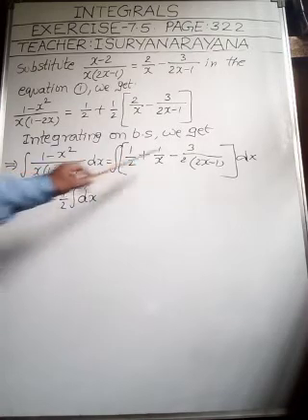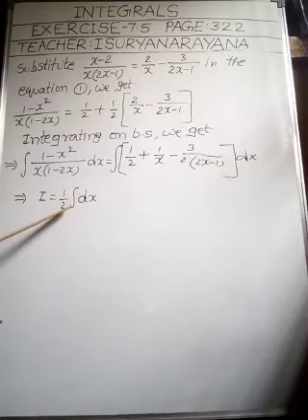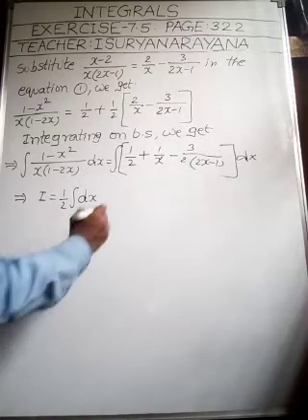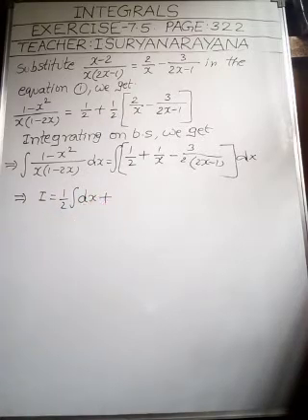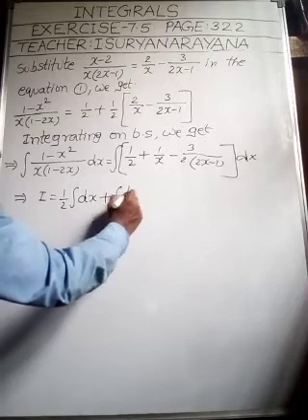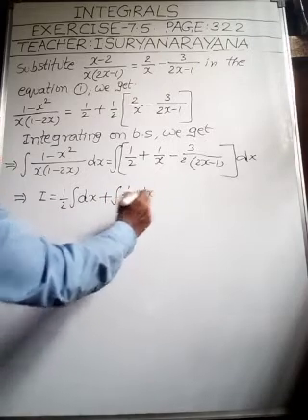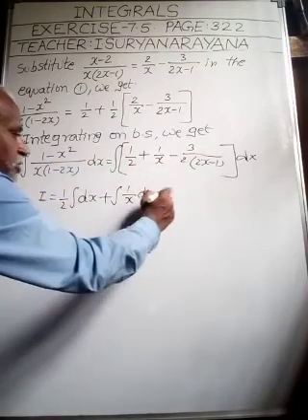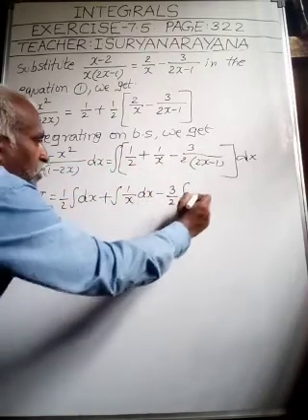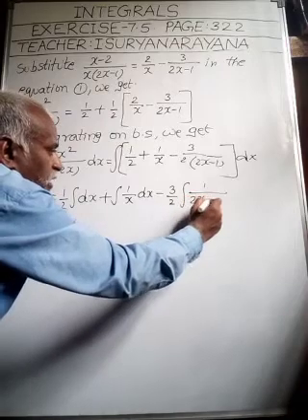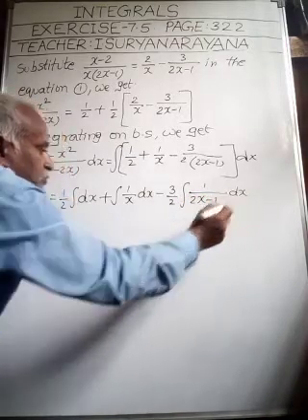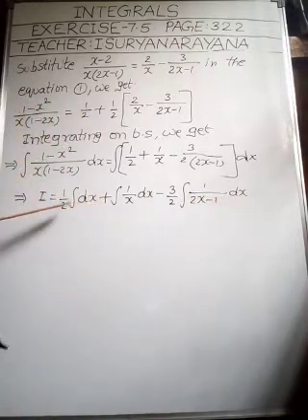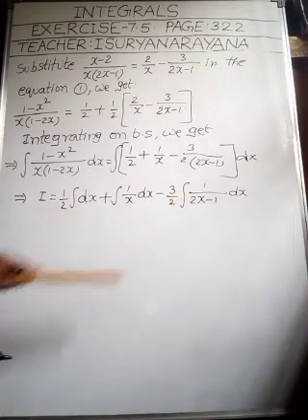So, integral 1 by 2 can be written as 1 by 2 into integral dx plus integral 1 by x dx. Second term is 1 by x. So, integral 1 by x dx minus 3 by 2 integral 1 by 2x minus 1 dx. Understood this step, my children? We are finding the integral of each and every term separately.